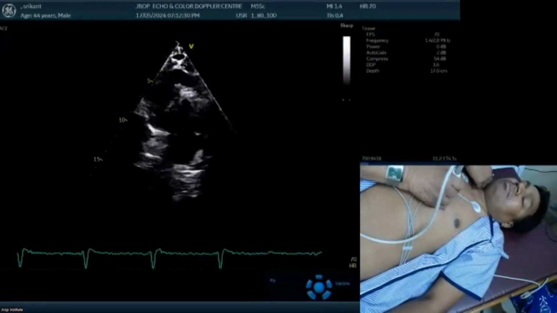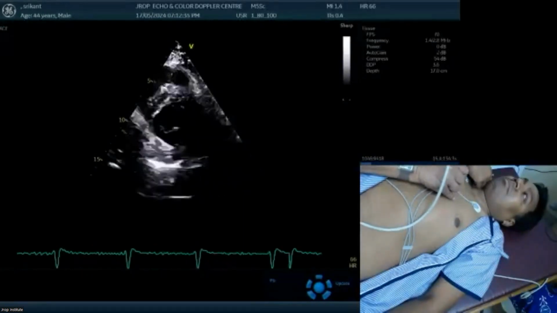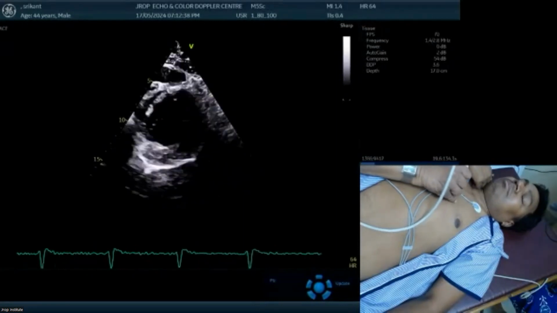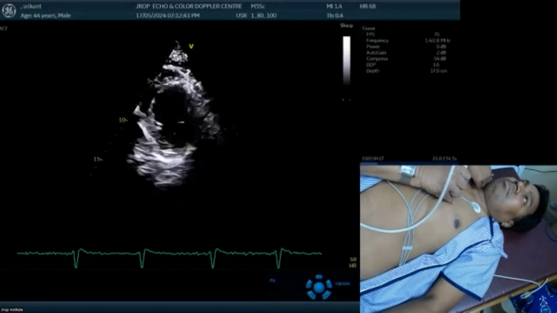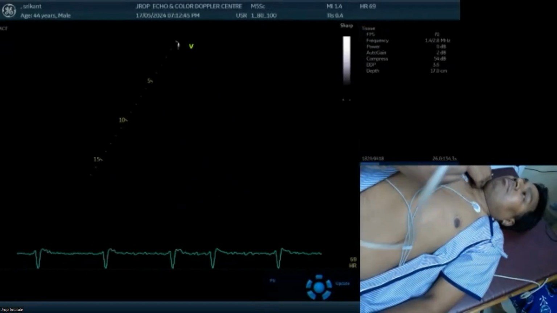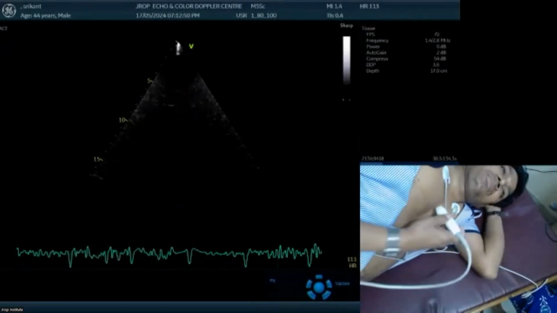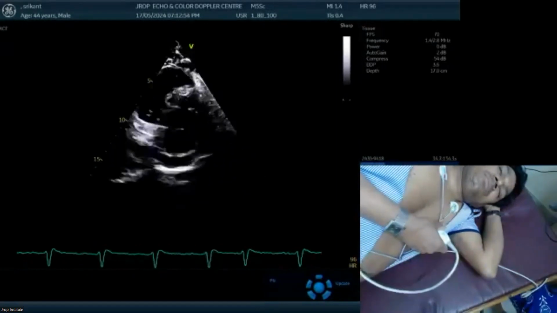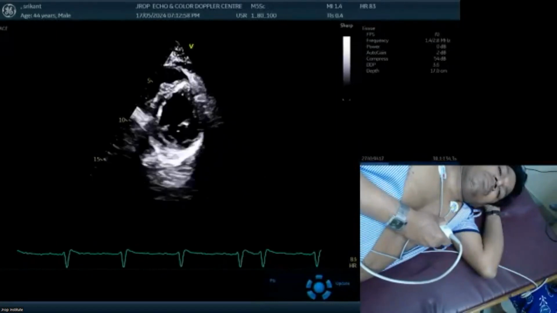So I'm going to rotate 90 degrees. Take 90 degrees, go to papillary level, and gradually come back again.